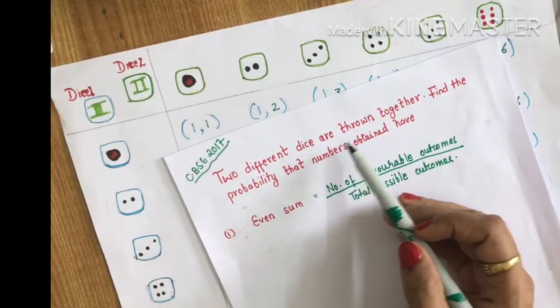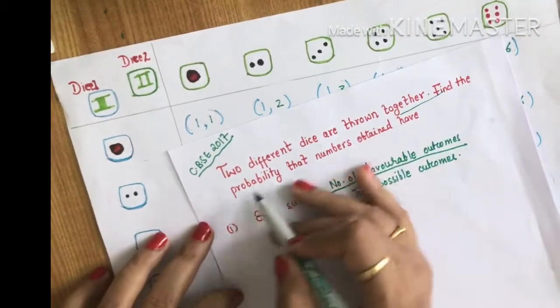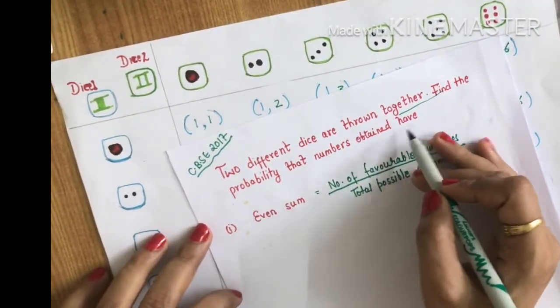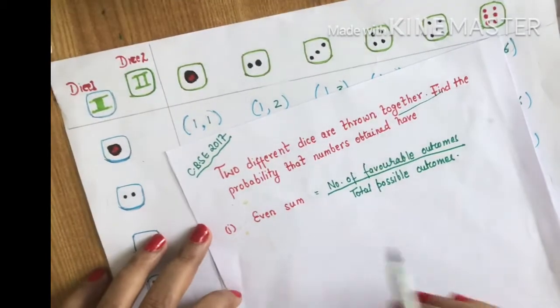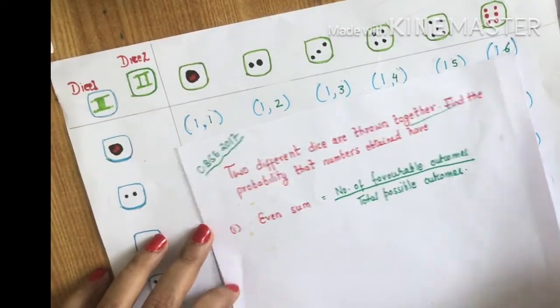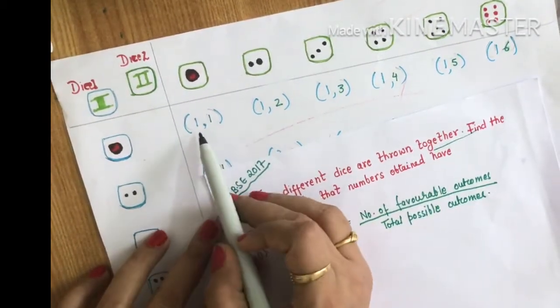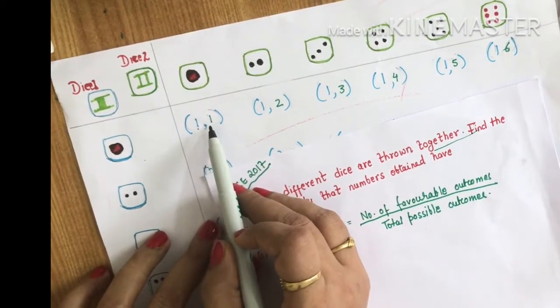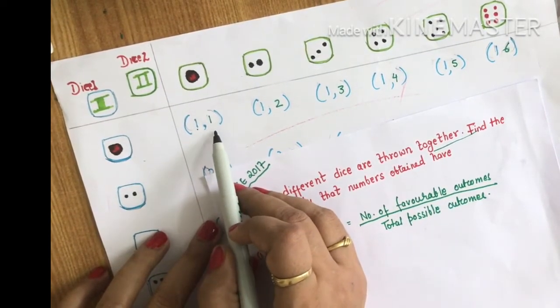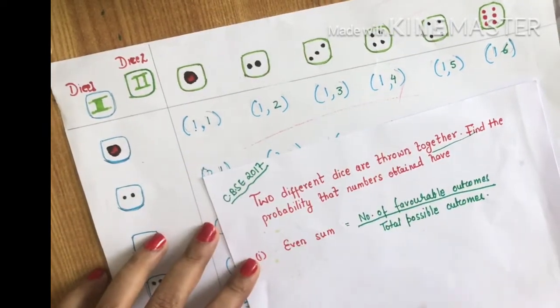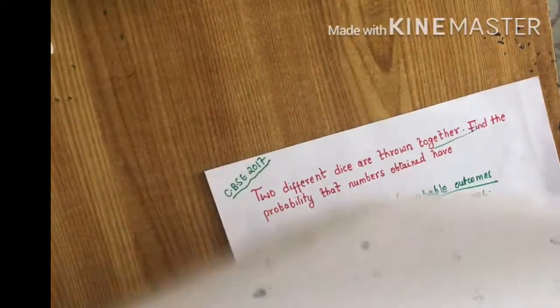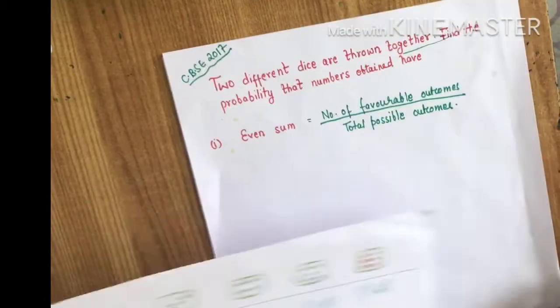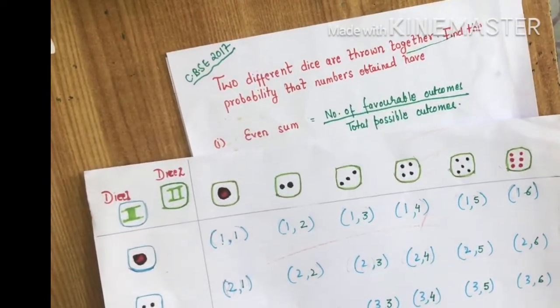Two different dice are thrown together. Find the probability that the numbers obtained have an even sum. Even sum means when you add the numbers on both the dice. For example, 1 and 1, if you add, you get 2, right? So 2 is even, so this is a favorable outcome. I have to select from these 36 outcomes the ones in which we get an even sum.